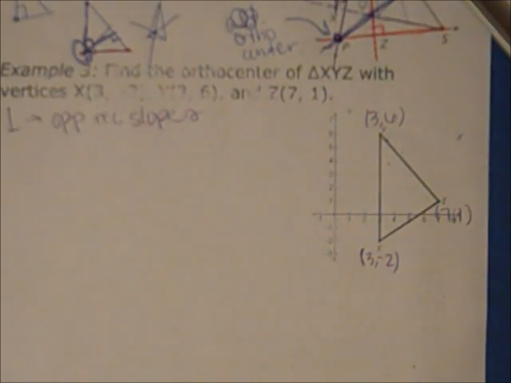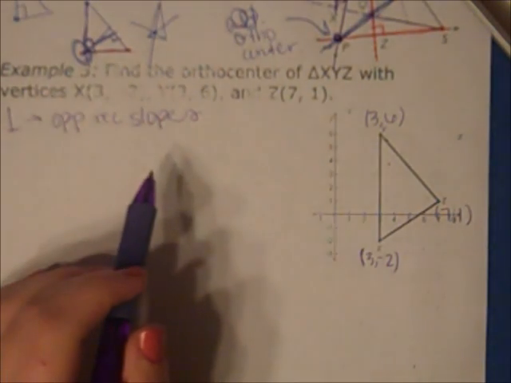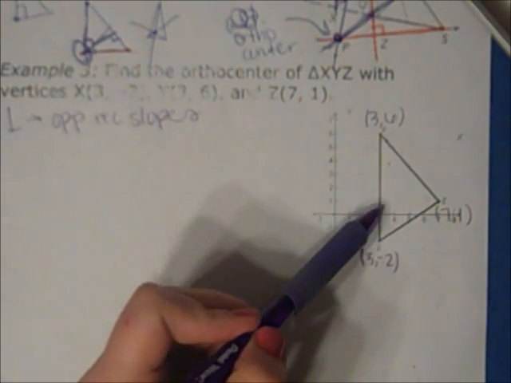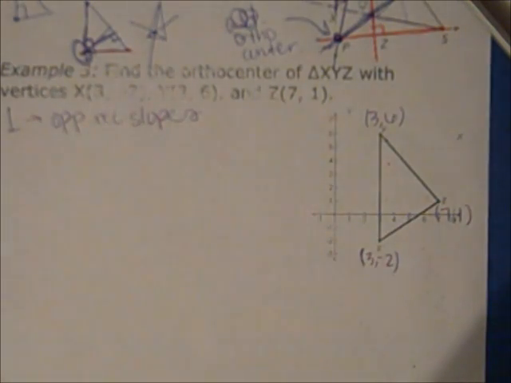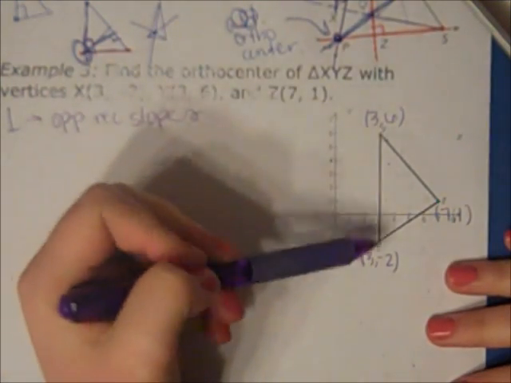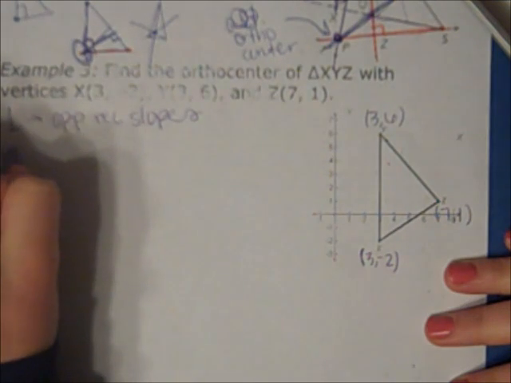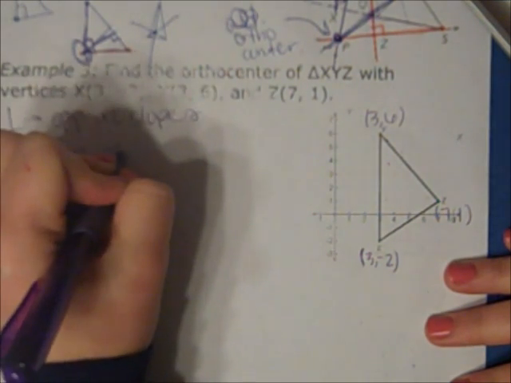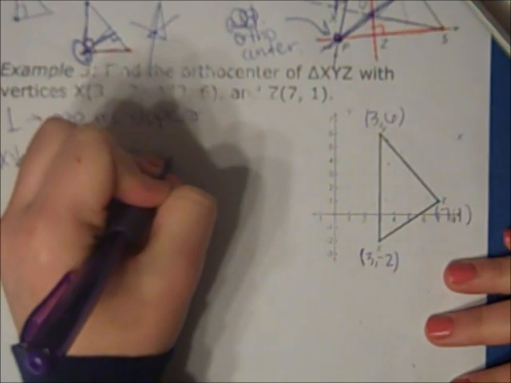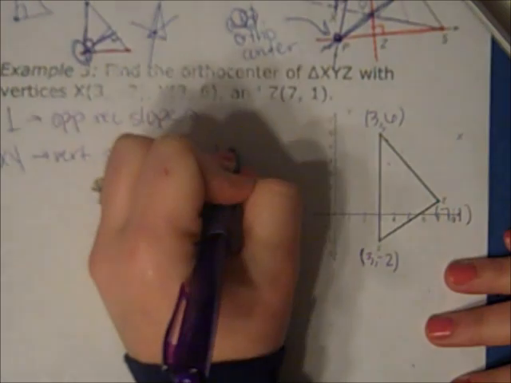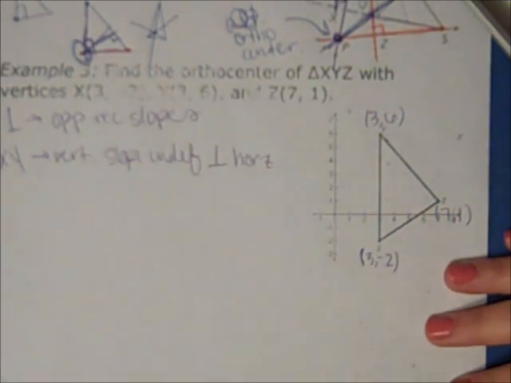We're only going to find two of the altitudes, and we'll just know that the third one would happen on its own. Okay, now what's going to happen to be nice to you is most of the time one of the sides is either going to be a vertical line or a horizontal line, and that's to make this nice and easy. So in this case, XY is vertical, so that means it has a slope that is undefined. So what is going to be perpendicular to that would be a horizontal line.